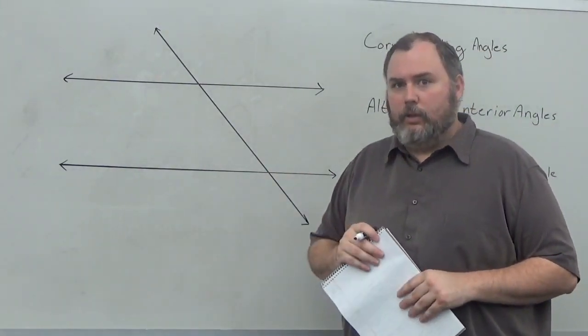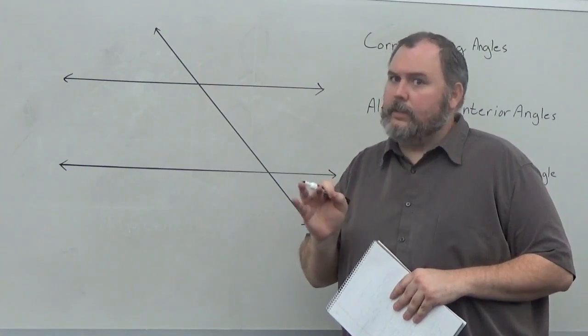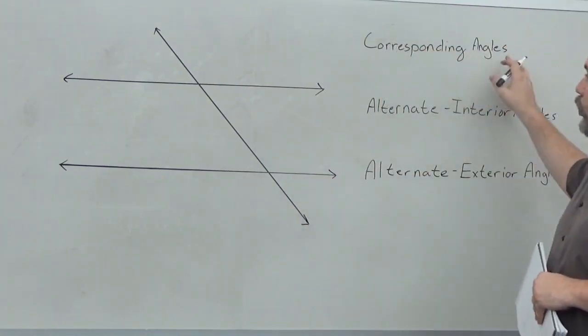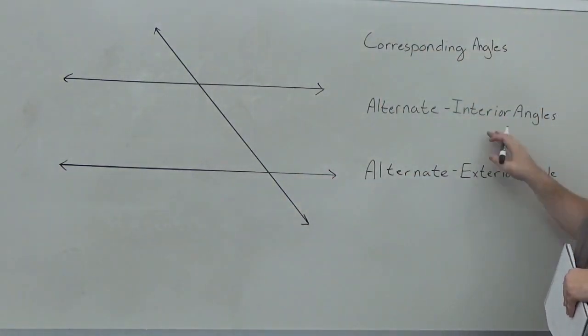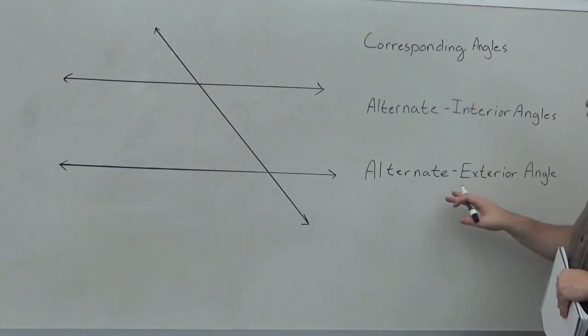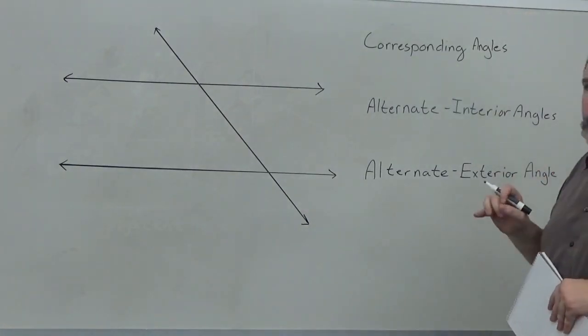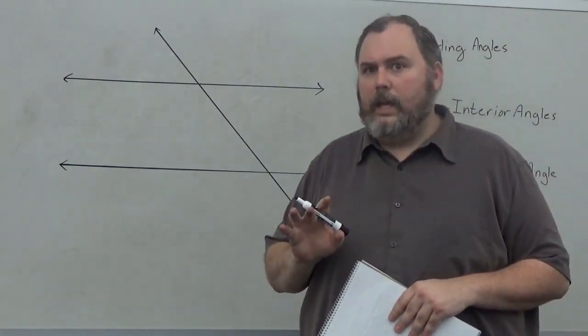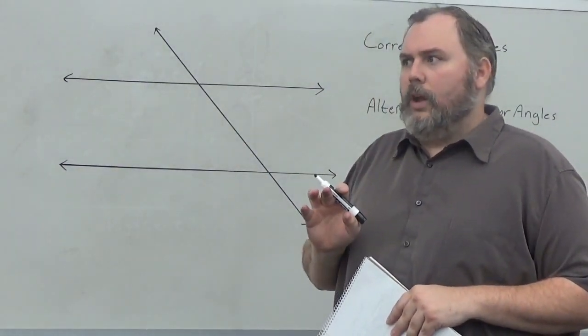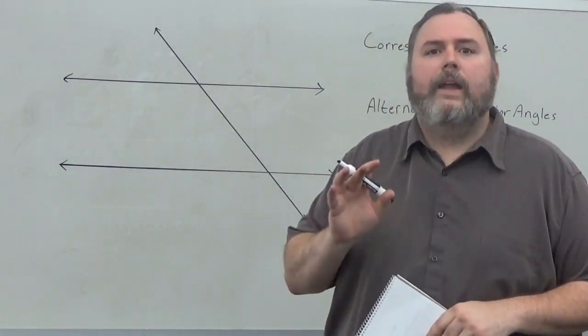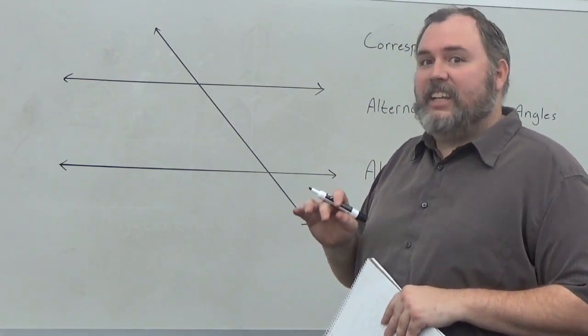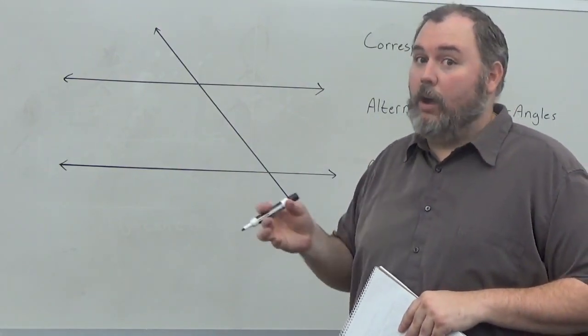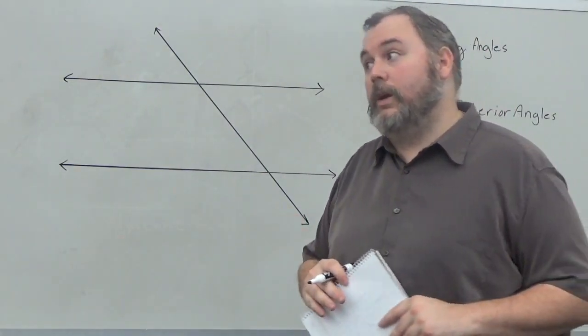This leads us to our next three types of definitions. One's called corresponding angles, alternate interior angles, and alternate exterior angles. Now, there's no good way of having a written way of defining this. It's actually easier just for you to see what they are and maybe define it in your own way.